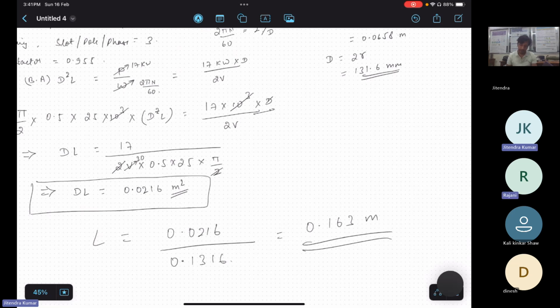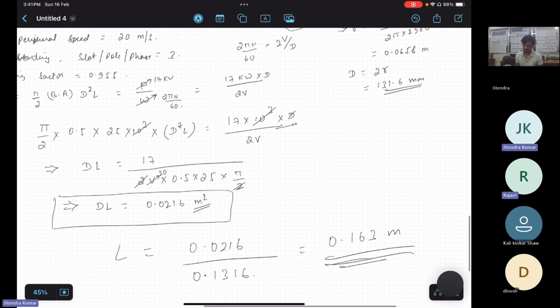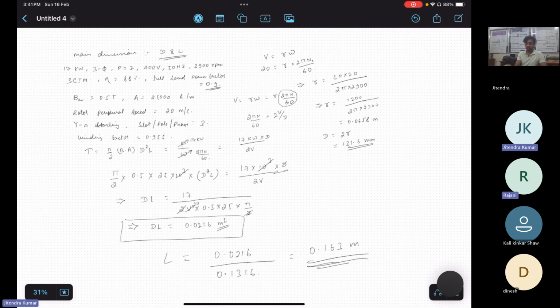Yes, sir. One second, I'll check. Yeah, correct. Just re-verify your calculation if you are not sure, but this is the method to calculate. Any doubt in this problem? No, sir.